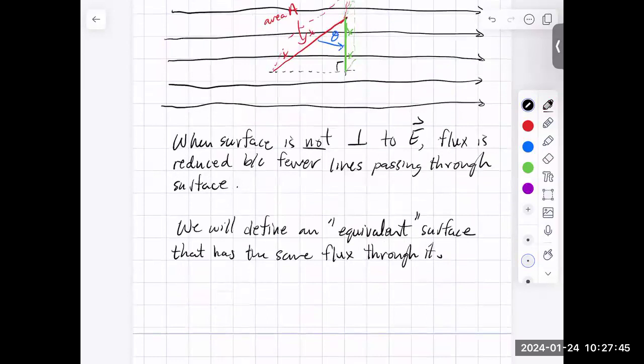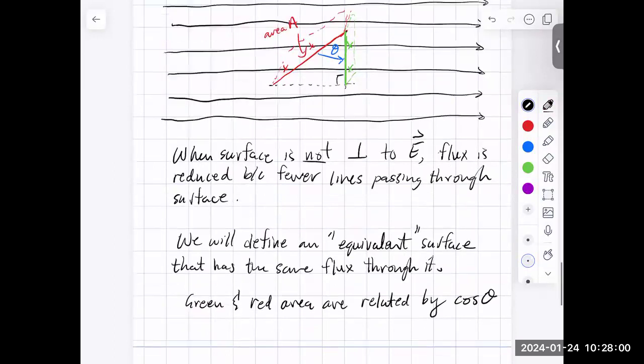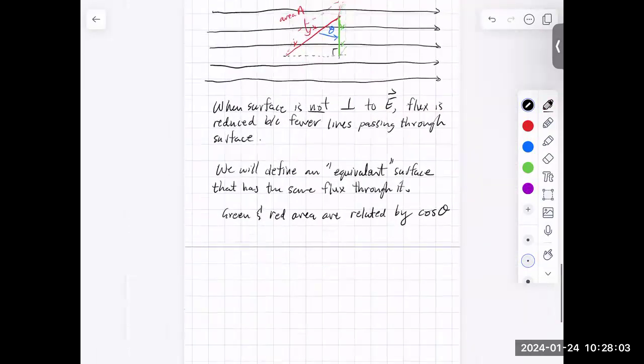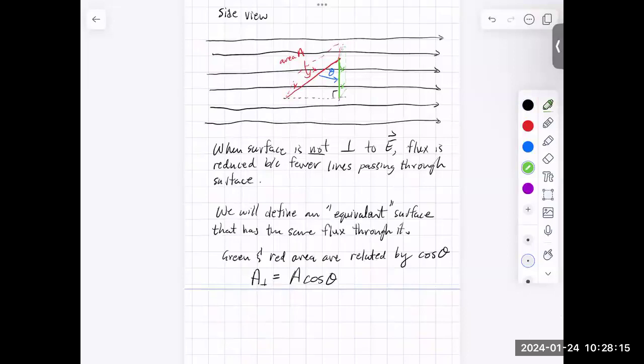Okay, so the green and red areas are related by cos theta. So the green area, let's call it A perpendicular, would be the original area times cos theta, where let's specify now that we're going to call this area A perpendicular.